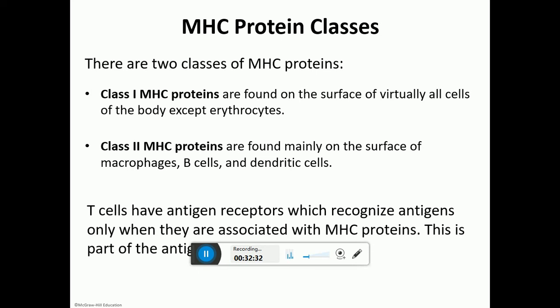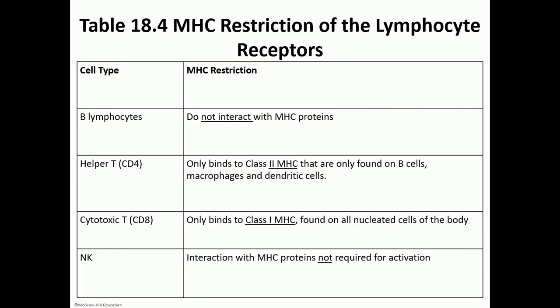Now that we know the different kinds of MHC proteins, we want to figure out which MHC proteins interact with which cells. The class 1 MHC, which is found on all of our nucleated cells except for erythrocytes, can interact with cytotoxic T cells.